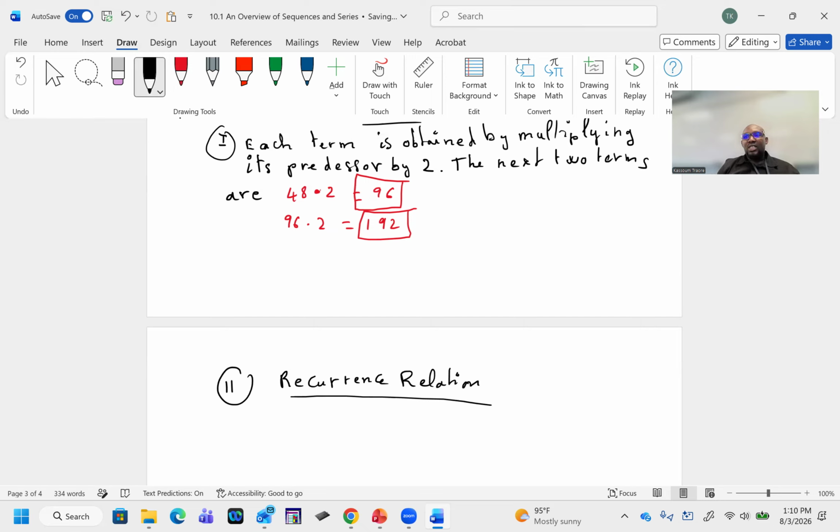So because each term is 2 times its precedent, we will just say A sub n plus 1 is equal to 2 times A sub n.